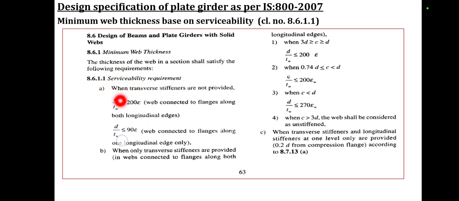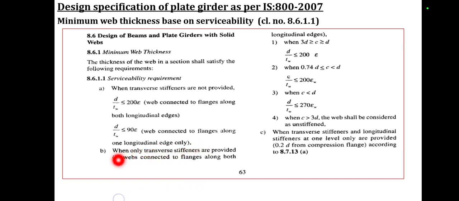Number 1, when transverse stiffeners are not provided, d by tw is less than or equal to 200 epsilon when the web is connected to the flanges along both longitudinal edges, and d by tw is less than or equal to 90 epsilon when the web is connected to the flange along one longitudinal edge only.